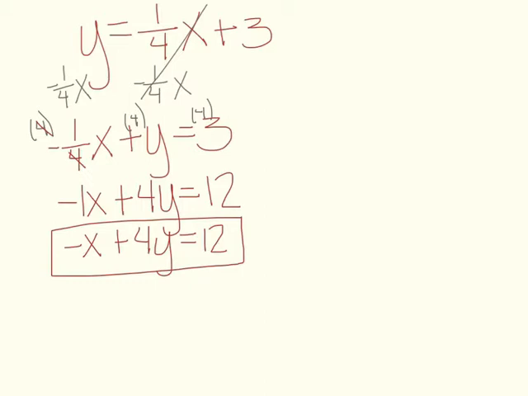So let's look at going the other direction, maybe starting in standard form and moving to slope-intercept form. So perhaps this time we have 2x minus 7y equals 10.